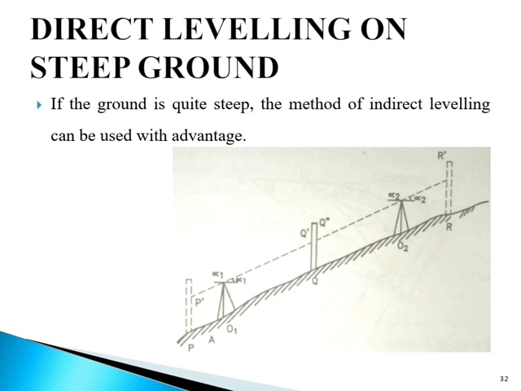Thus, RL of R is equal to [RL of P plus PP dash plus PQ sin alpha 1 minus QQ dash] plus [QQ double dash plus QR sin alpha 2 minus RR dash].